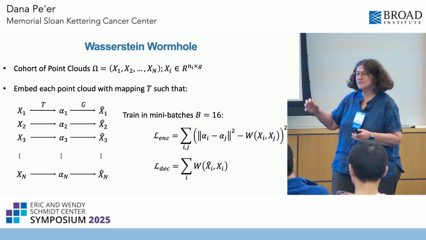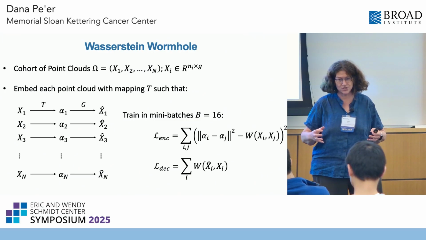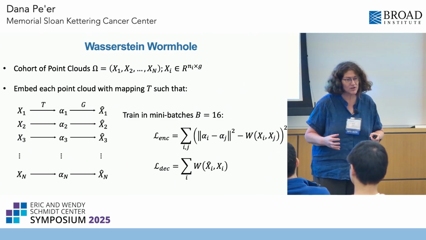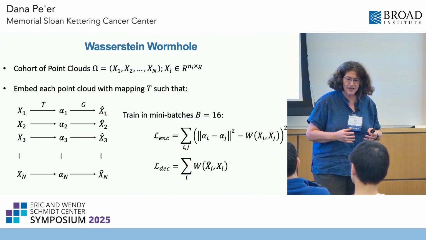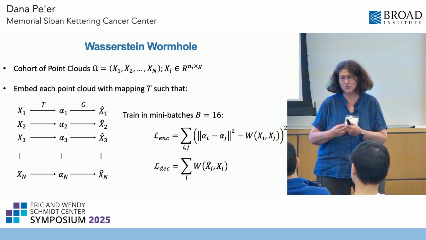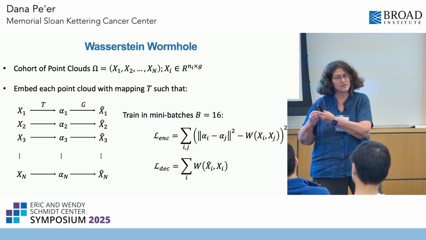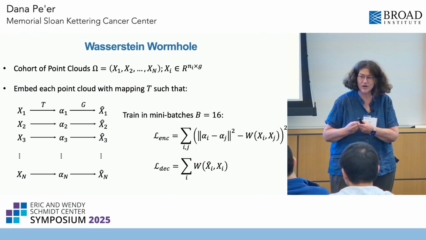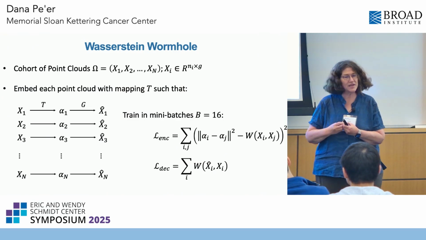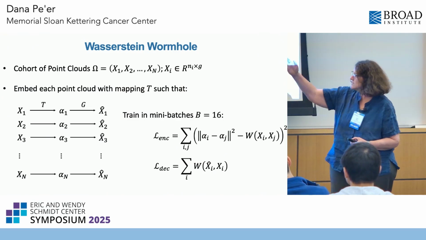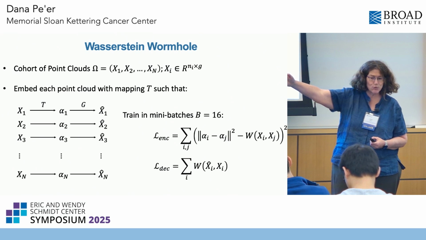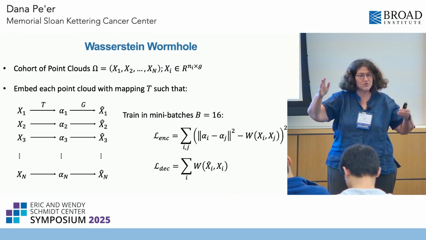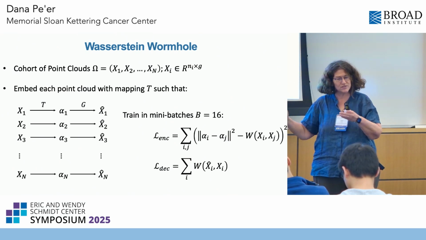So what we're really going to take is really small batches that we're going to choose, and for each of these batches, we're going to learn a latent and use optimal transport distance in the training to say, we want the distance of these cells in the latent space to match their optimal transport distance. We also want to be able to decode, so we want the optimal transport distance between the original input and the decoded input to be close.